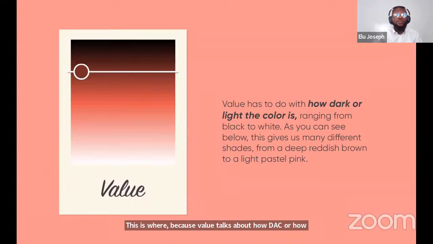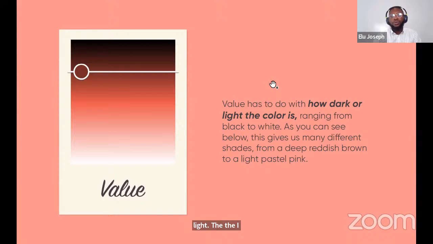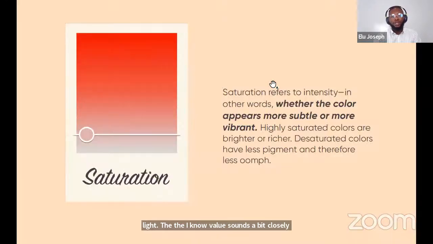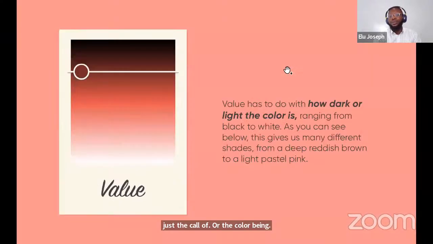I know value sounds a bit closely related to its brother here, saturation, but you can see that it's different. Saturation is just the color fading or the color being heavily saturated, vibrant. Value has a white and a black at both ends and has a color in between.